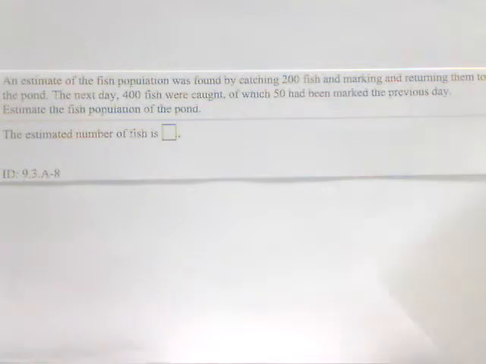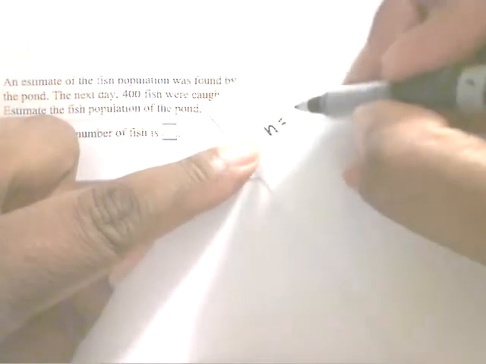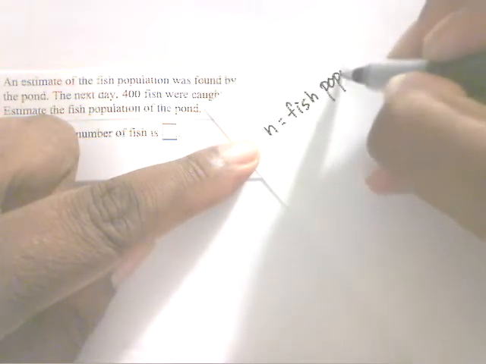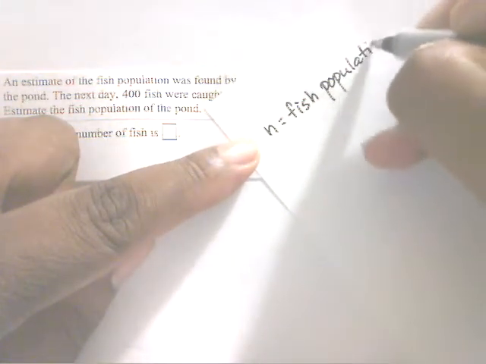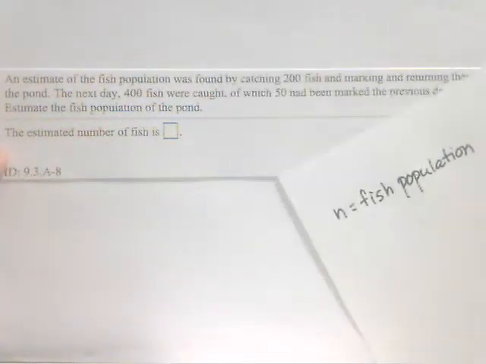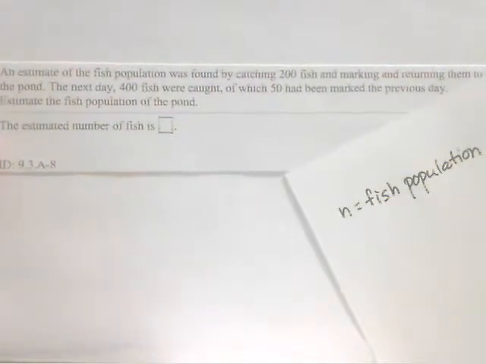Okay, so here's how we're going to attack this particular problem. I'm going to let N be the fish population. Now, we're going to have to work backwards on this problem. That's one of the strategies for doing these types of word problems.